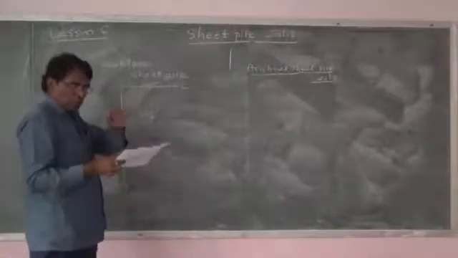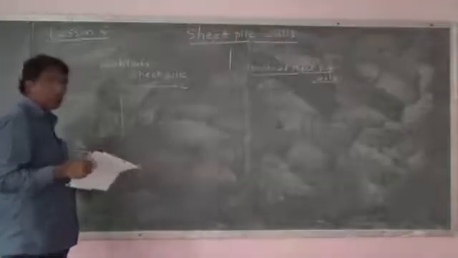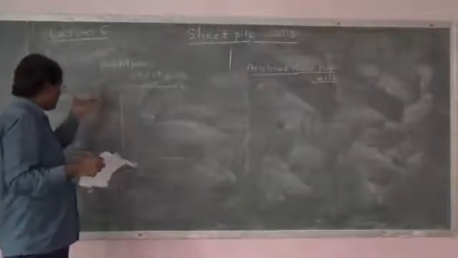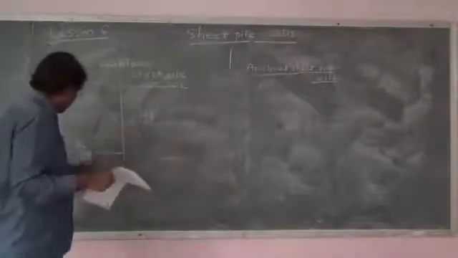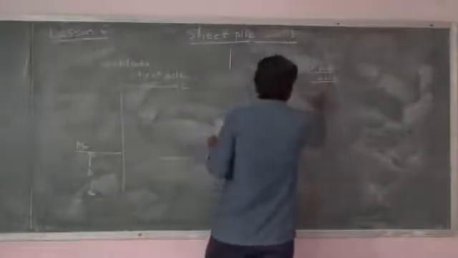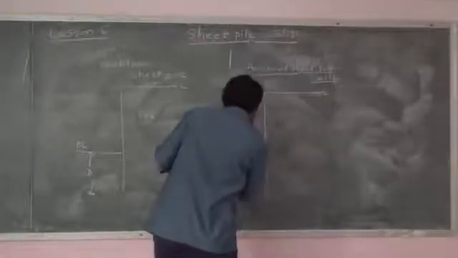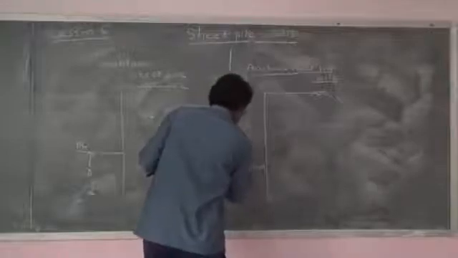But if you want to reduce this depth, as in a retaining wall where the depth is very small because the gravity of the structure itself takes all the forces, then one more type of sheet wall is there, the anchor sheet wall. What happens here? This is the ground level, this is the dredge level, and here soil is there.